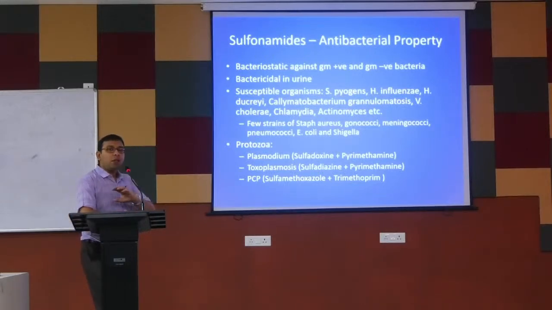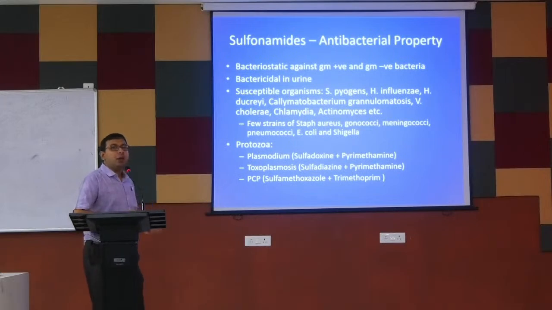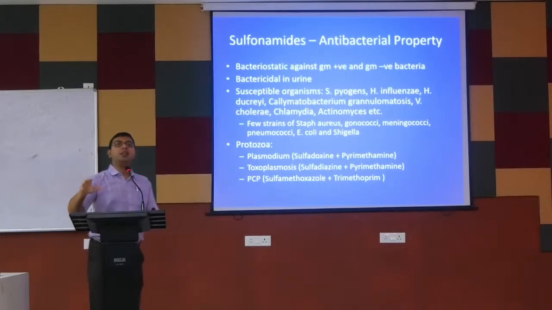Now the antibacterial properties. What is the spectrum of the sulfonamides and against whom can it act? Basically, it is a bacteriostatic agent against both gram-positive and gram-negative bacteria. An agent may be bactericidal or bacteriostatic. Bactericidal directly kills the bacteria, and a bacteriostatic agent just controls the proliferation of the bacteria.